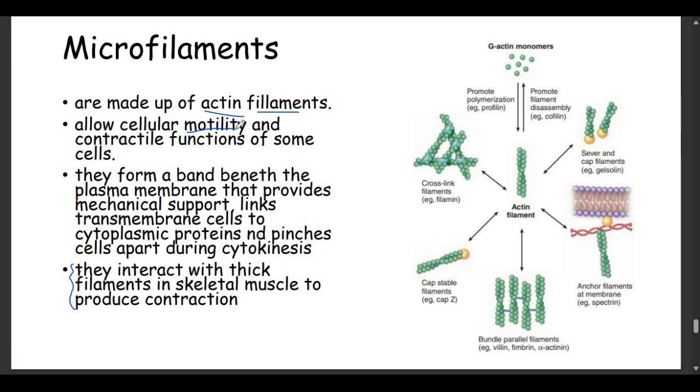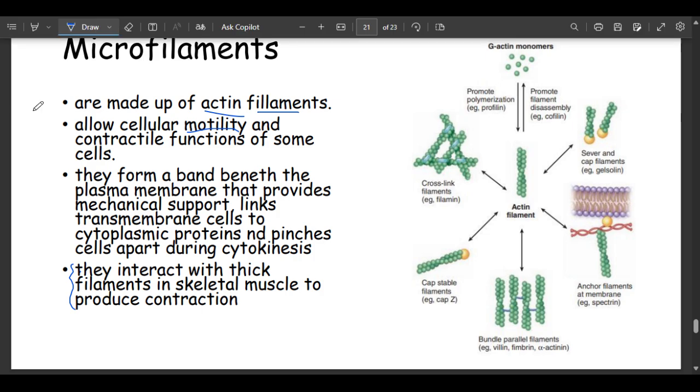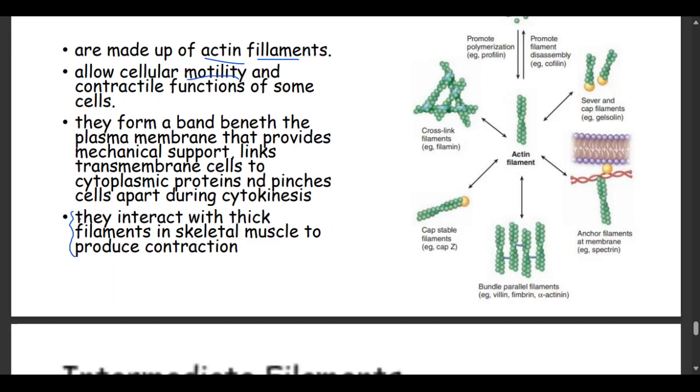Like I said, movement of the cell is also a function of these microfilaments, and they also form a band just below the cellular membrane that forms more like a supporting structure to help keep the shape of that particular cell. So the take home here: microfilaments are made up of actin filaments, and they are important for structural support and locomotion, basically.